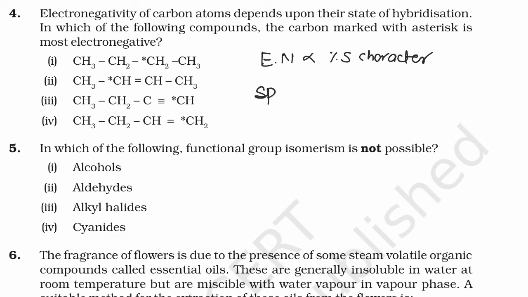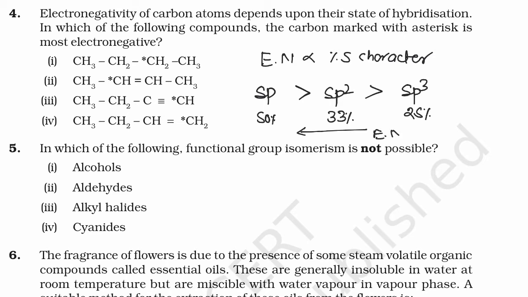So an sp hybridized orbital has 50% s character, an sp2 hybridized orbital has 33% s character, and an sp3 hybridized orbital has 25% s character. So where s character is more, electronegativity is high.